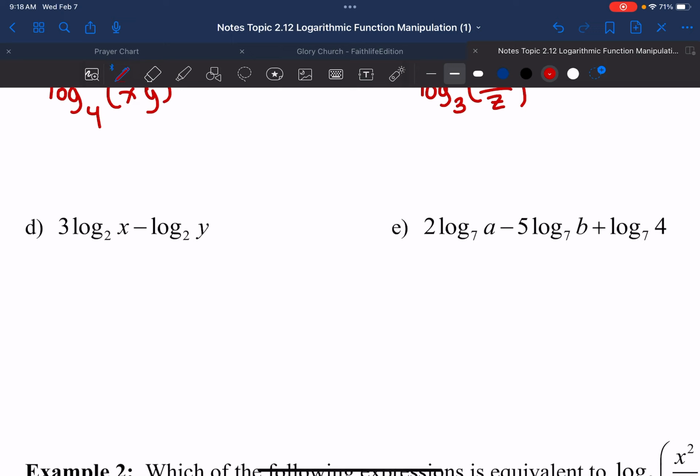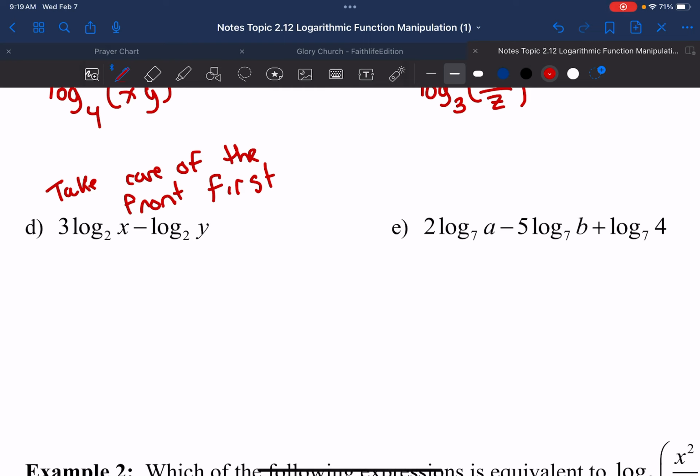Now for this one, we're going to use the other log rule, the power rule, first. And what I'm going to do here is, when you're doing these, always take care of the front first.